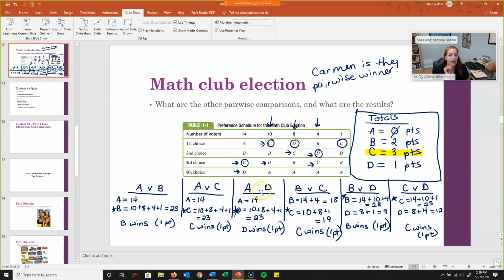A versus C, A versus D, B versus C. So all the different combinations of these groups. Then once we've got that set up, for A versus B we have to go column by column to see who wins. And you're going through the entire chart before you move on to the next group. Right. Does that make sense? Does that answer your question?